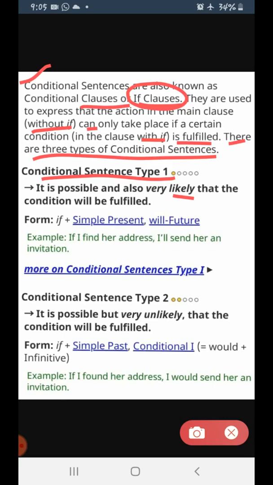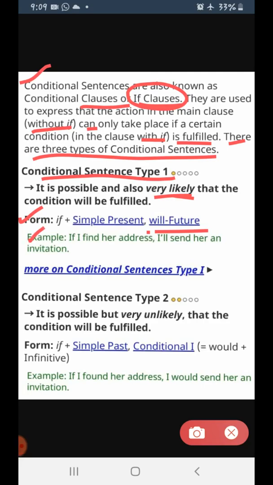It is possible and also very likely, that means it is sure, that the condition will be fulfilled. What is the structure? The structure is if plus simple present, and then will, that means future. Clear? So this form is if plus simple present plus will future.